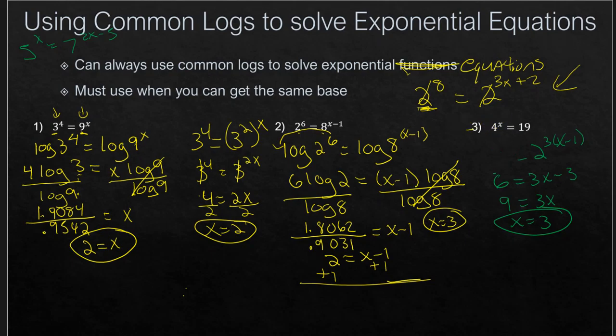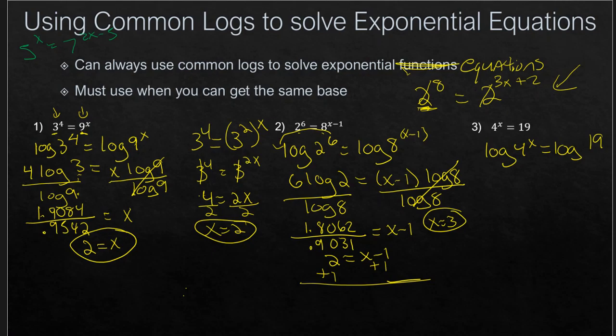All right, so for this next problem, this is the first one that you can't do using the exponentials, etc. You have to use the common logs. So since you have to use the common logs, let's go ahead. Again, we're just going to do immediately log of 4^x, and then we have the log of 19. Again, we have to do the log of both sides when we're using common logs.